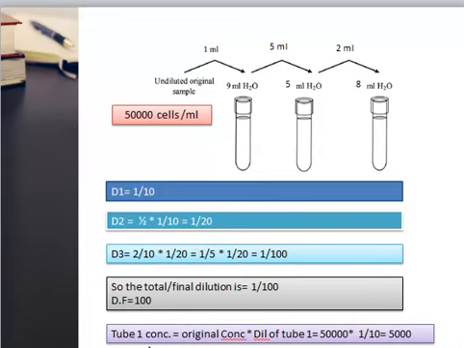The dilution of tube 2, 1/20, should be multiplied by 50,000 to get the concentration of tube 2. Here, 1/100 should be multiplied by the original concentration to get the concentration of the third tube.